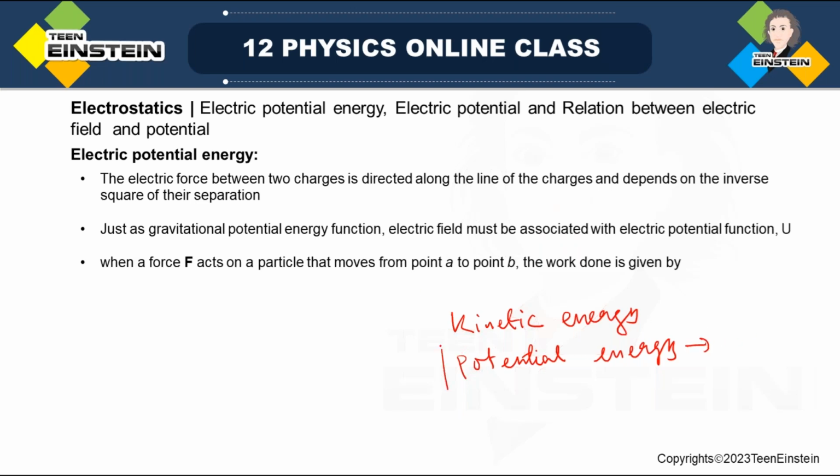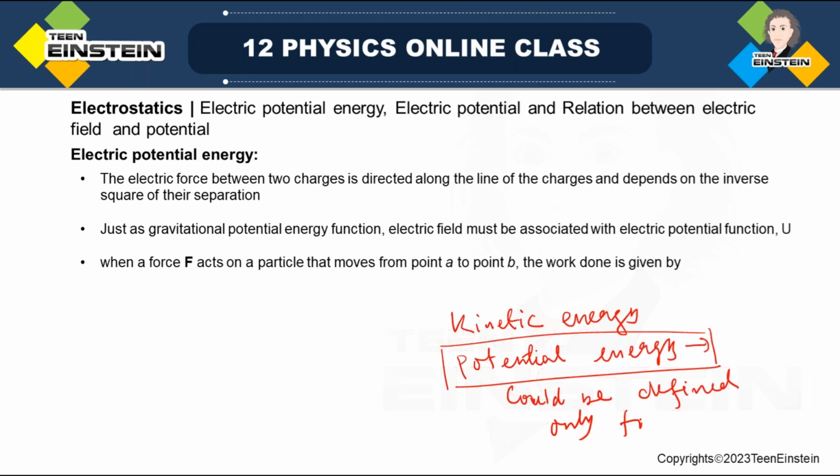Then only we'll be able to define potential energy. So potential energy could be defined only for a conservative force field.